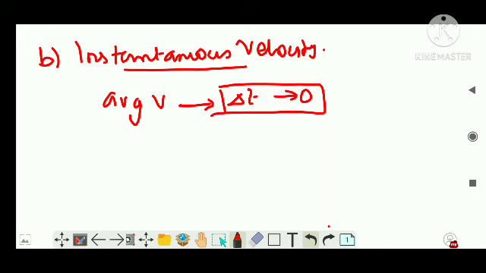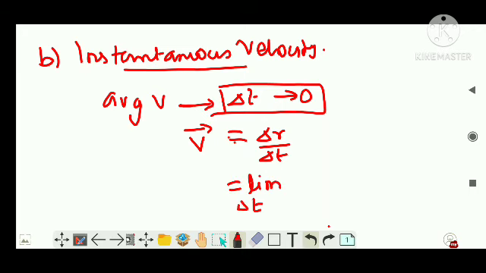Clear? So average velocity is what? It is delta r by delta t, just like the previous section. So when I say it is tending to zero, it is usually written in maths as limit when delta t tends to 0, delta r by delta t becomes our instantaneous velocity.